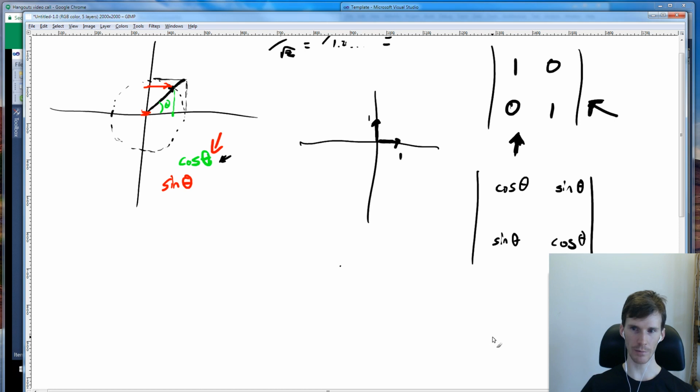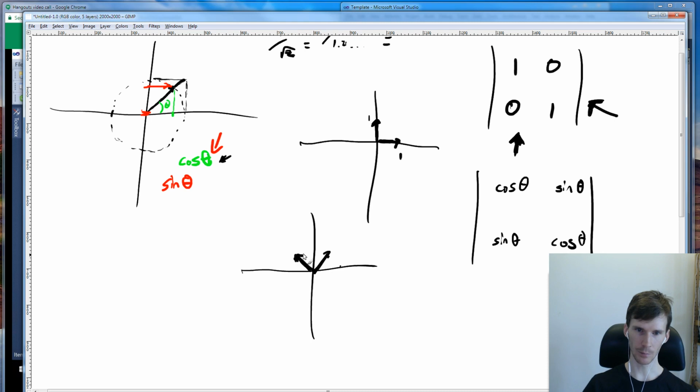So if we wanted to rotate, as we were doing before, if we want to rotate through 45 degrees and end up with that there, we have to take our x-axis and it needs to be positive and positive.